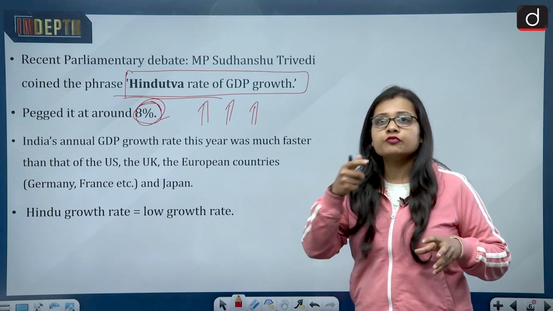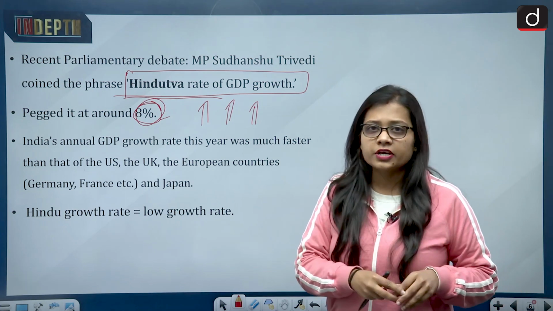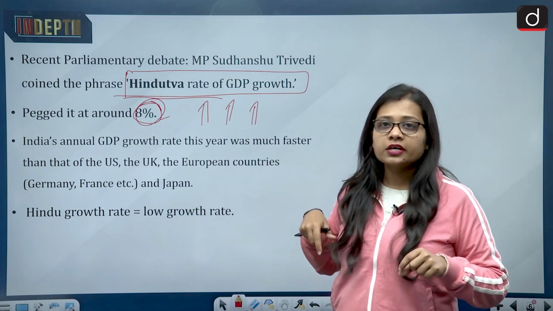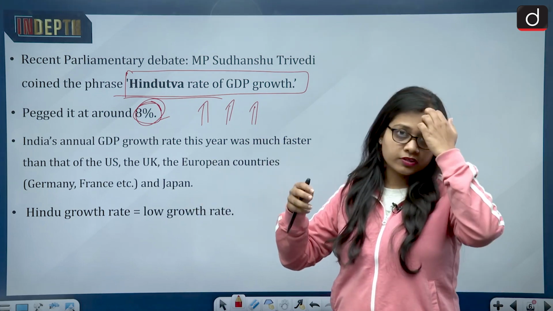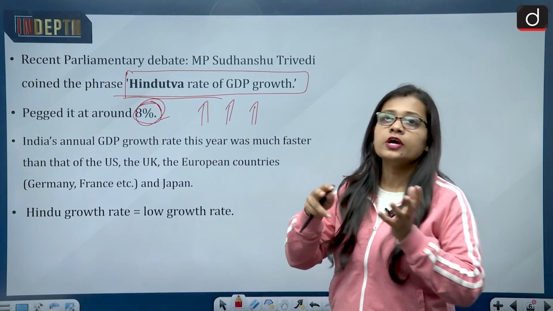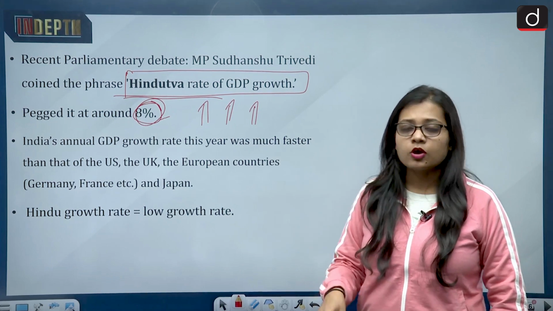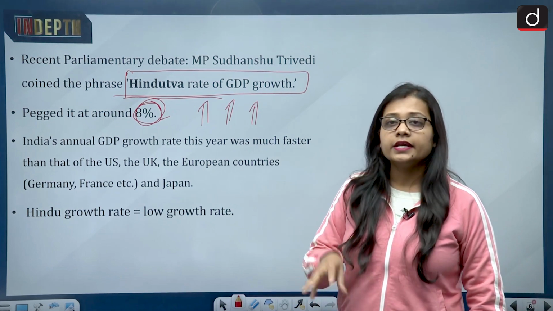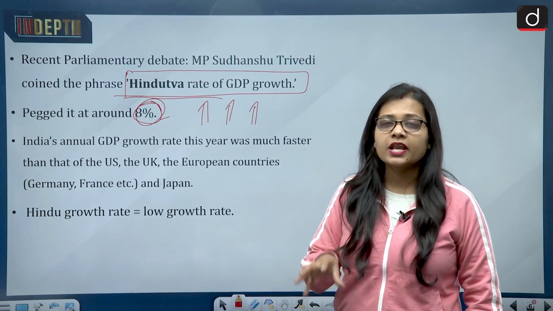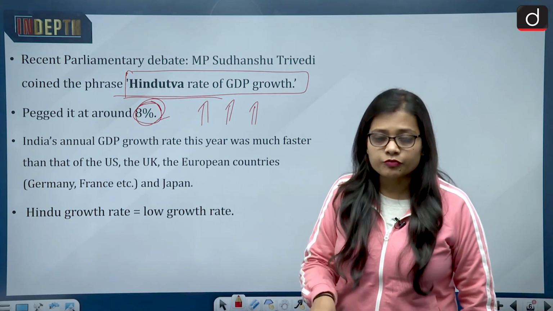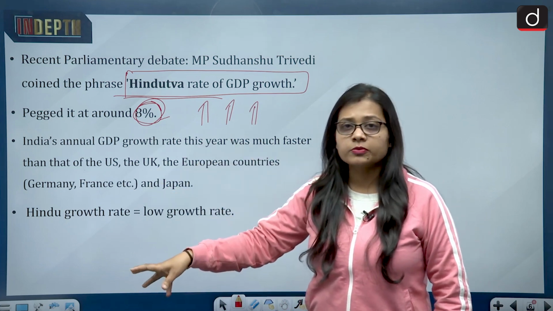It is doing really well, and as compared to other countries it is growing at a faster pace, which was not happening earlier, at the time of the economic reforms, or after India got independence. But in the last 1 decade, India has performed really well as an economy, and the GDP growth rate has been doing really well as compared to other economies also.